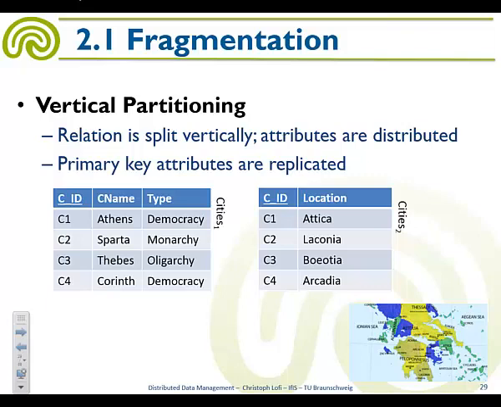If I just cut out that location attribute, how should I know how to reconstruct the table afterwards? Then I would have only locations without knowing which location belongs to which city. Therefore, I have to replicate the primary key in order to be able to reconstruct it.